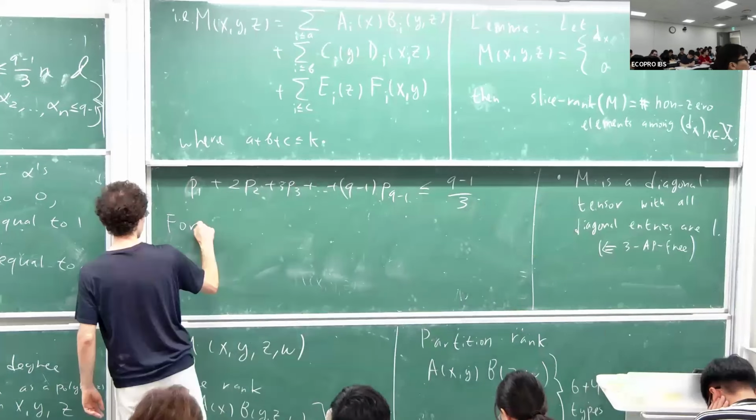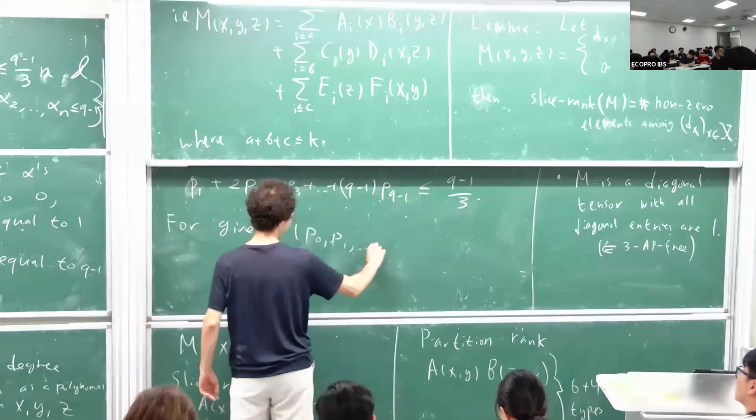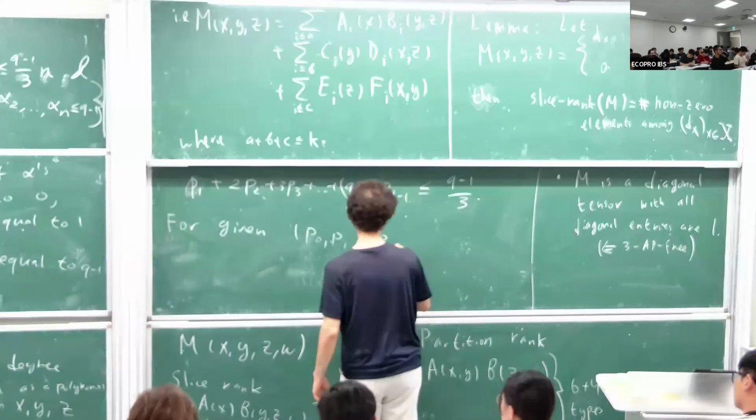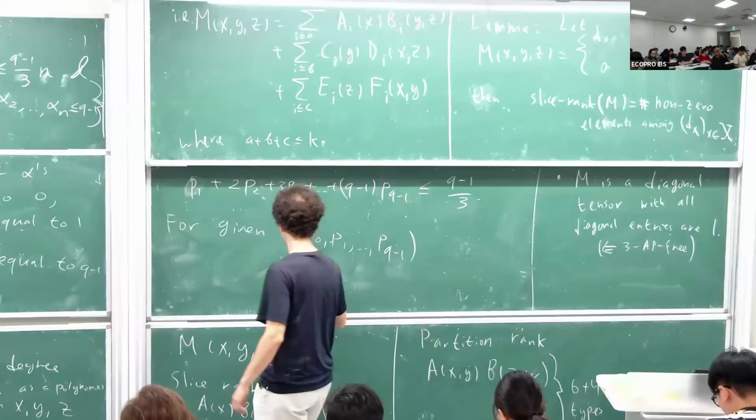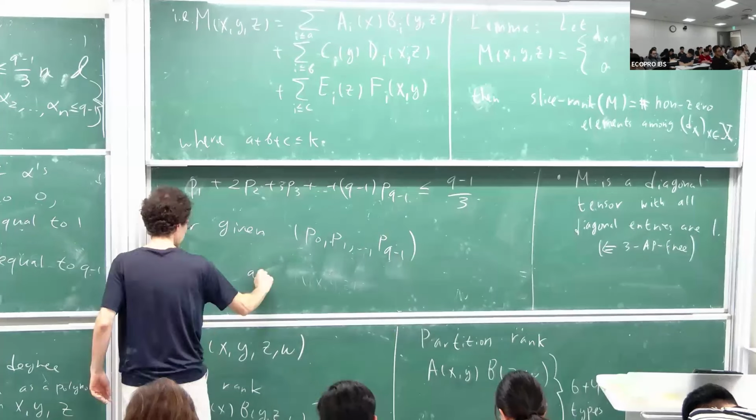If I give you a vector of P's, how many alphas are there? Well, it's the binomial coefficient.